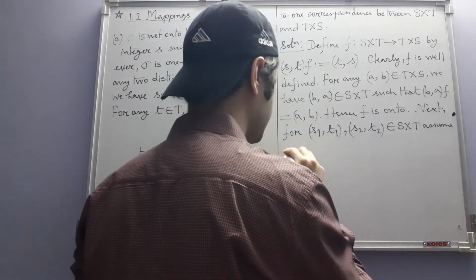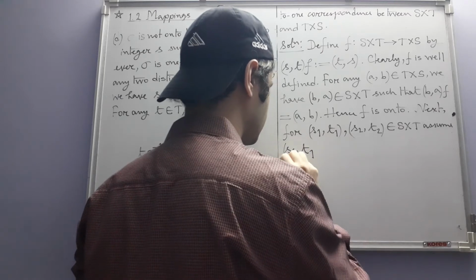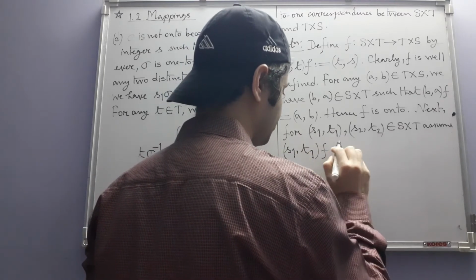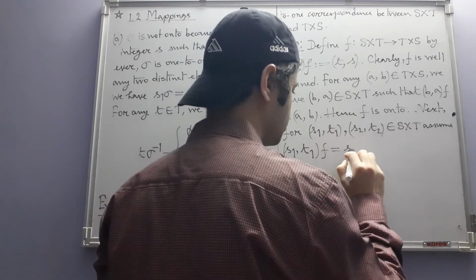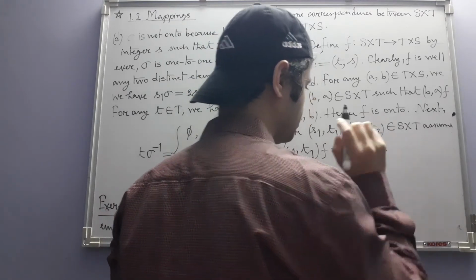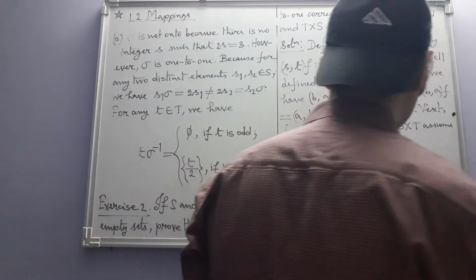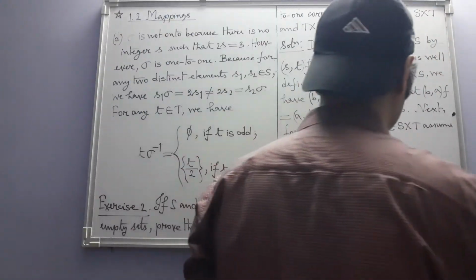So we are assuming that f of S1, T1 is equal to f of S2, T2. Okay, so this is our assumption for proving one-to-oneness.